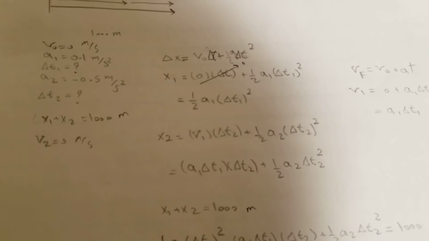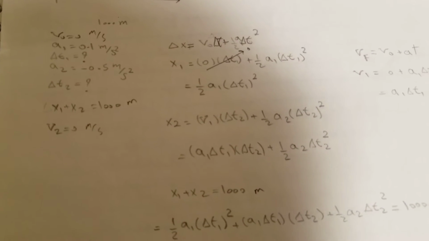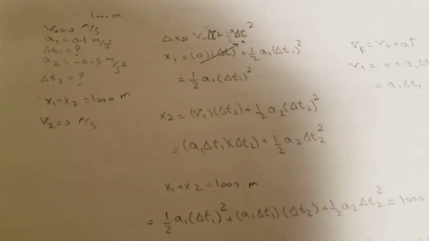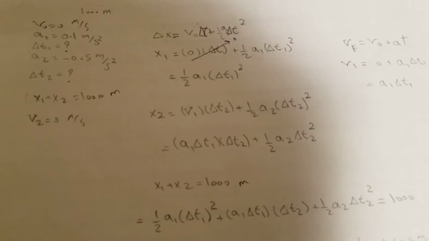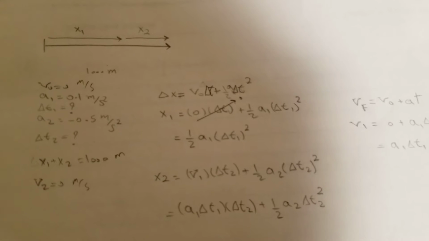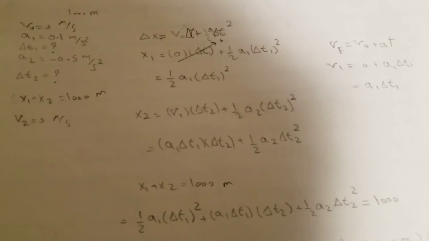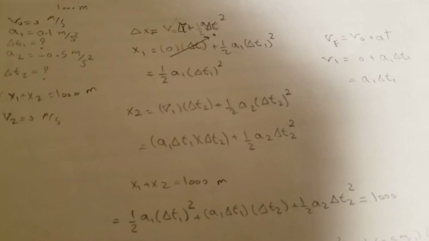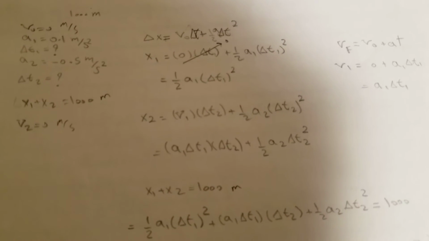And for x2, we have to calculate the speed first. So let's call the initial velocity of segment 2, or the final velocity of segment 1, v1. So x2 is equal to v1 times delta t2 plus 1/2 of a2 times delta t2 squared.